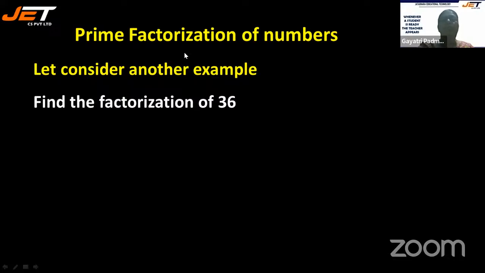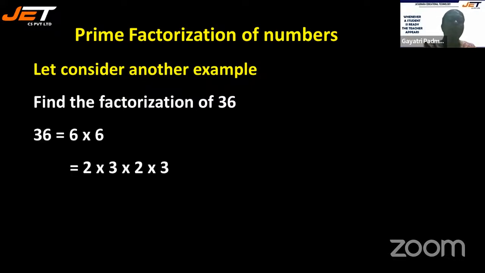So I'm sure you would have got the answer for this. Let us see. Now let us see the factorization of 36, which is 6 into 6. 6 can again be written as 2 into 3, isn't it? So 2 into 3, 2 into 3.